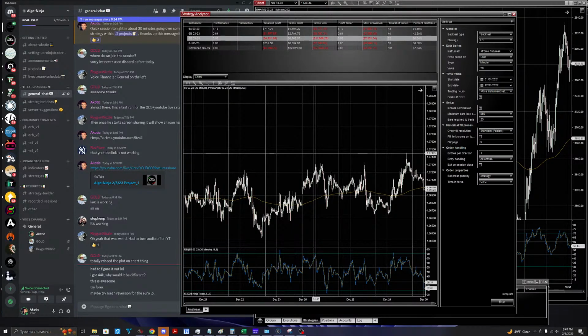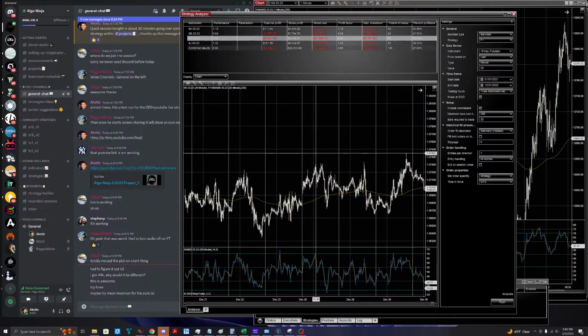So yeah, gold hit it right on the spot. If a momentum strategy does really bad on the euro, then maybe that tells us that the market is much more probable to mean revert whenever it hits oversold, overbought conditions. So maybe if we build a mean reversion type strategy for these Forex pairs, we'll get much better combined results.